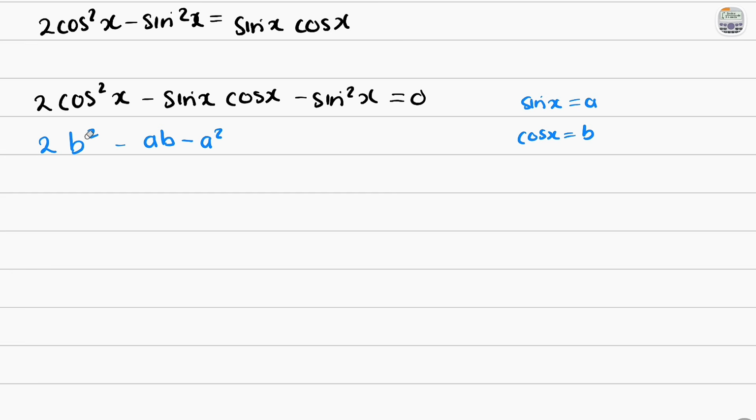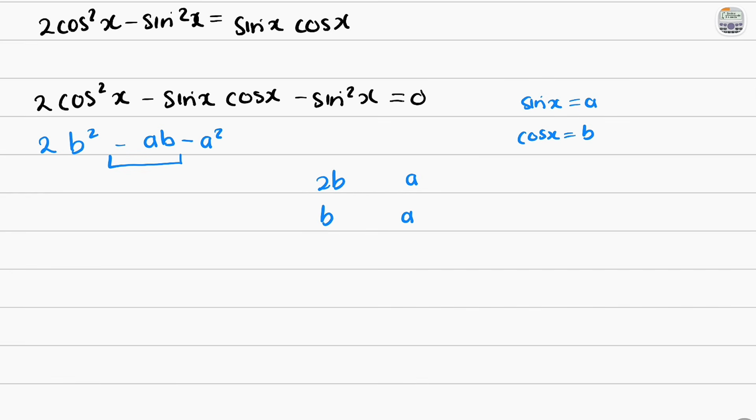So I'll take the factors of the first term, which is 2b and b. They give you 2b squared. And the factors of the second term, a squared, it's negative a squared, but I'll say a and a. Now, I know one of them has to be negative. But to decide which one, remember that when you cross multiply, and that's why it's called the cross method, and then add your products, the answer you get should be the middle term value here.